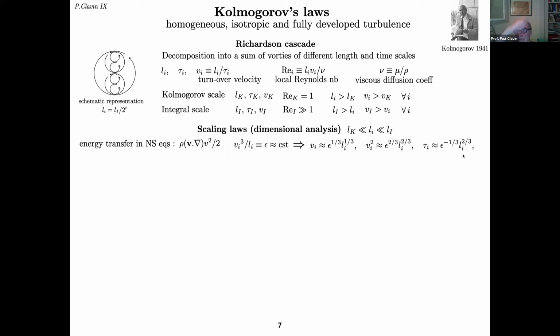And what is this epsilon? This is a flux of energy, and it is, for example, prescribed by the largest eddy that you know, and should be the same at the small eddies.